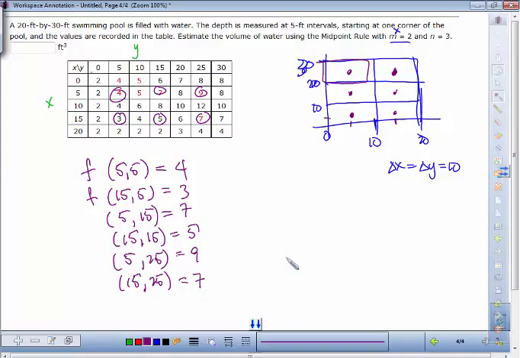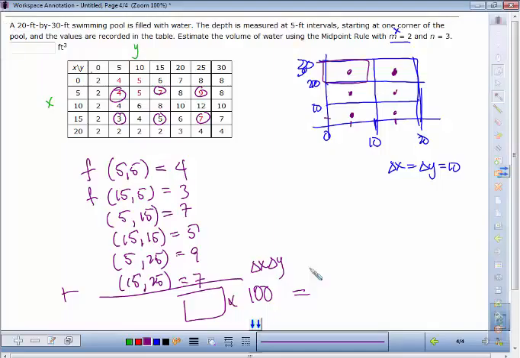So these are the values that we would have. You would multiply each of these by 10 times 10, or you can just add them all up and then multiply your result by 100. So the sum of these things times delta x and delta y, and that's going to be your estimate for this swimming pool.